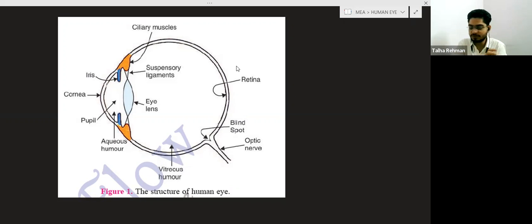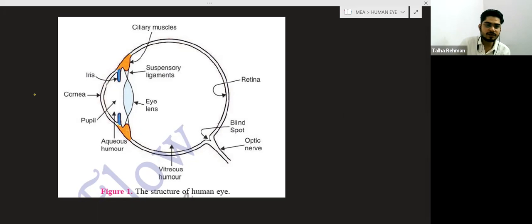Screen of your laptop is better to say, because you are all aware of it. What is happening on the screen of your laptop? If you have a laptop, or a phone, you are getting different images. My image you are getting, the image of this diagram you are getting. So like the screen of the laptop, this retina behaves as a screen.